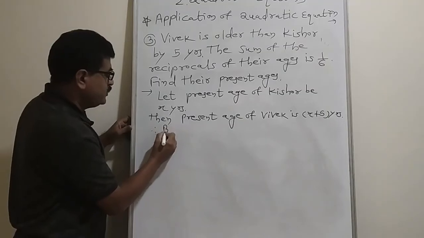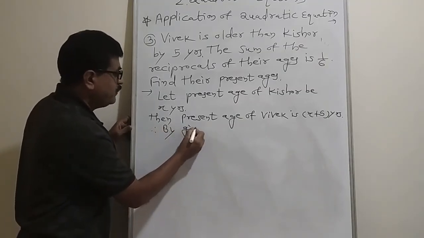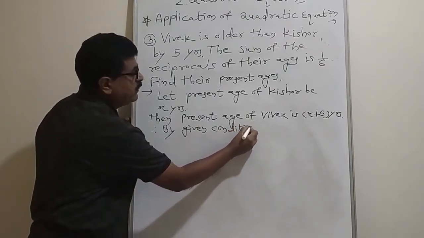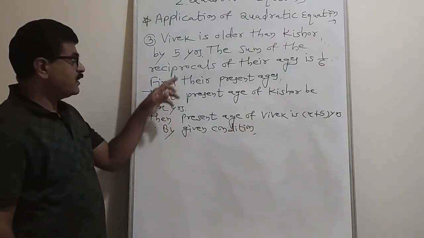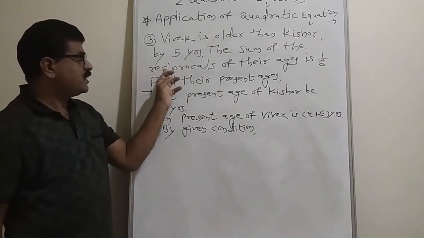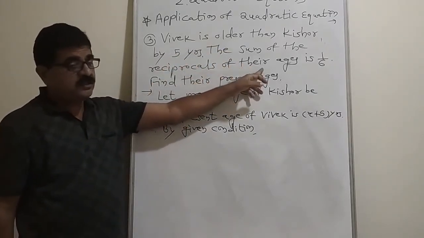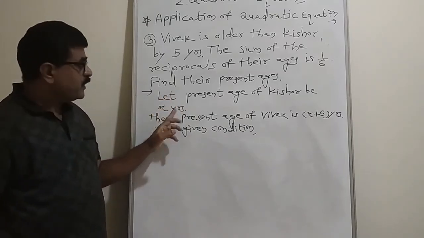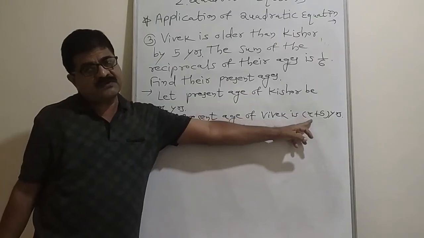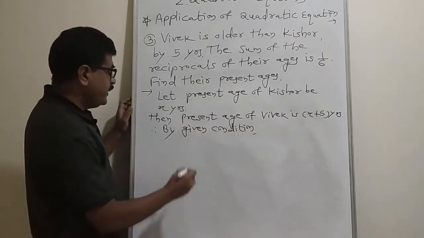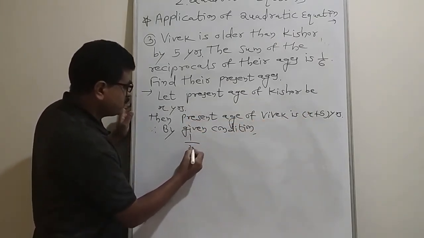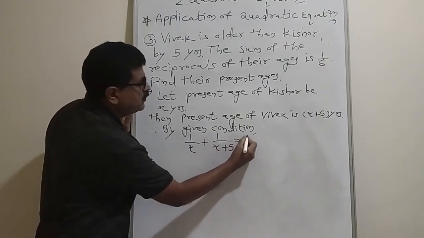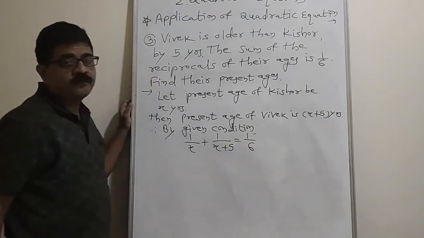Therefore, by the given condition, the sum of the reciprocals of their ages: the reciprocal of x is 1 upon x, and the reciprocal of x plus 5 is 1 upon x plus 5. Their sum, that is 1 upon x plus 1 upon x plus 5, is equal to 1 upon 6.